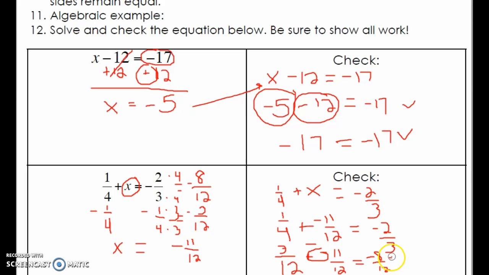Well, if I divide 8 by 4, and if I divide 12 by 4, I should get negative 2/3. That means we did it correctly. Please don't lose these notes, and please make sure you submit them through the video. Thank you.